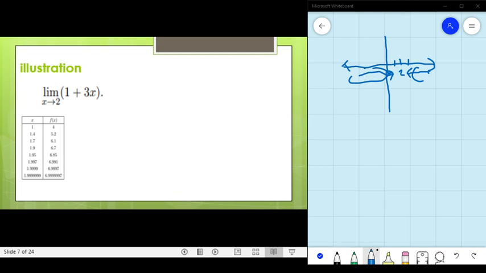Okay, this is 2, so that is why from the left of 2 we have 1, 1.4, 1.7, 1.9, 1.95, 1.97, and so on until we assign x to the number that is very close to number 2. And we replace all these values of x into x here.